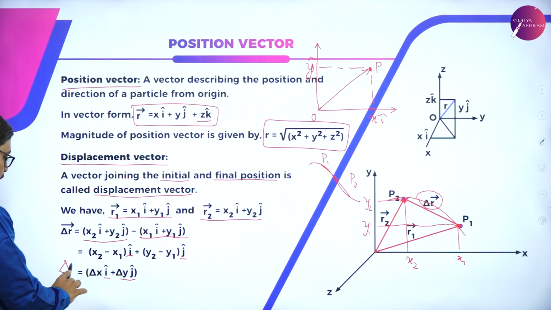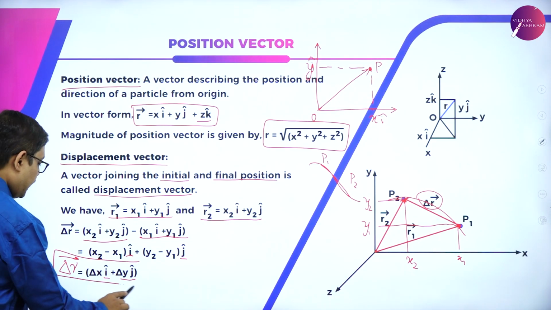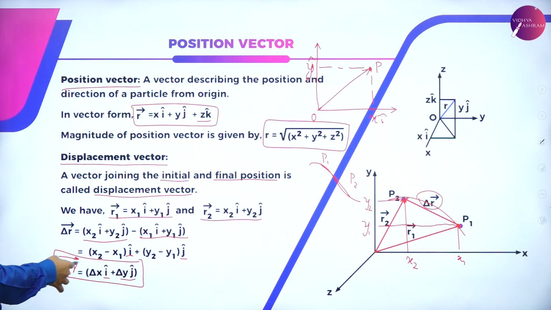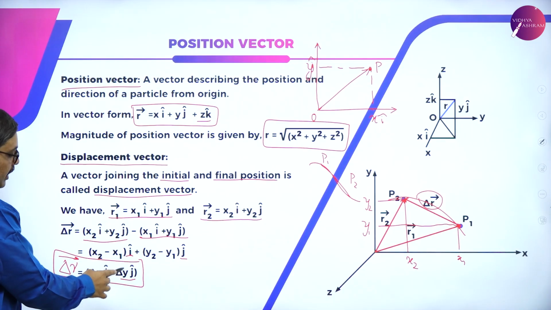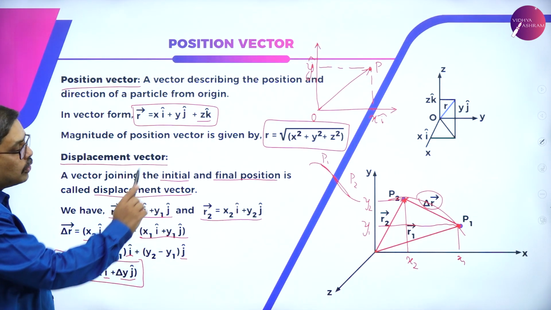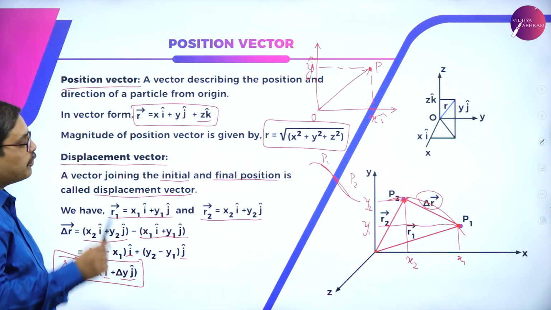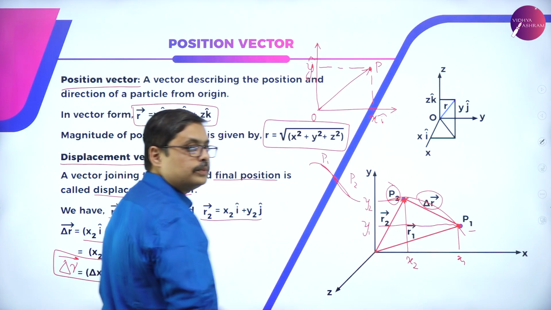This is delta R. So the displacement is given by delta R equals delta x i cap, the difference between the x coordinates, and delta y j cap, the difference between the y coordinates of the two positions where the body has moved from position P1 to position P2.